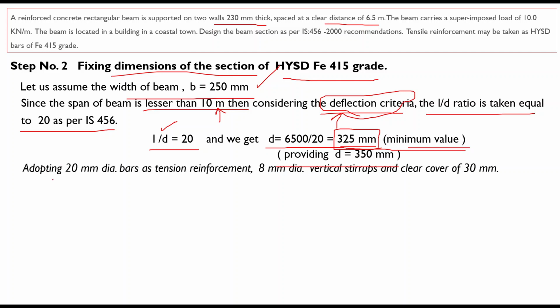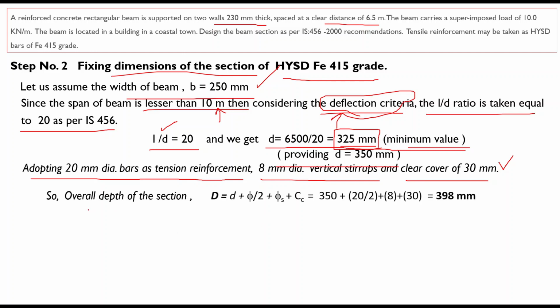Now since the grade of steel is mentioned, we are starting with our first trial by adopting 20 mm diameter bars as tensile reinforcement, and 8 mm diameter for vertical stirrups. And the clear cover we have already discussed, that we have assumed clear cover equal to 30 mm.